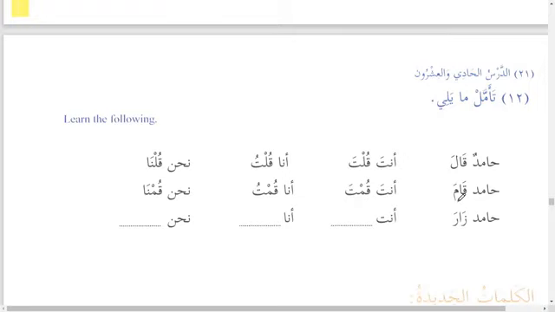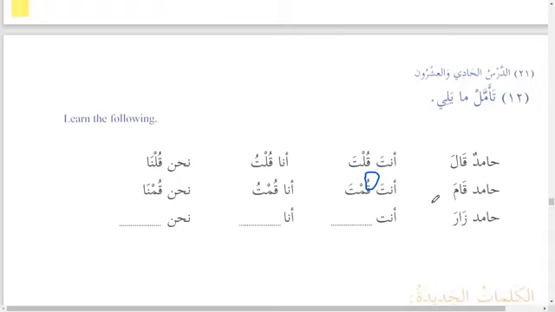Similarly, qama. So why is it qumna? Can you please tell me now? I just gave you the reason why it's changed into dhamma. It's an ajwaf verb and on the nasara pattern. Excellent. It's ajwaf and it's on the pattern of nasara yansuru: qama yaqumu. So that's why it has changed into dhamma. So anta qumta, ana qumtu, wa nahnu qumna, to stand or to wake up.